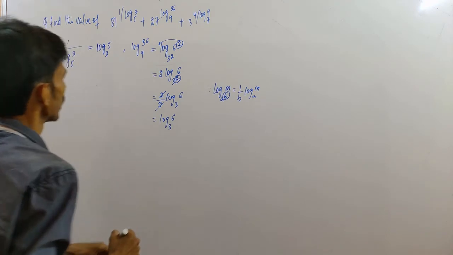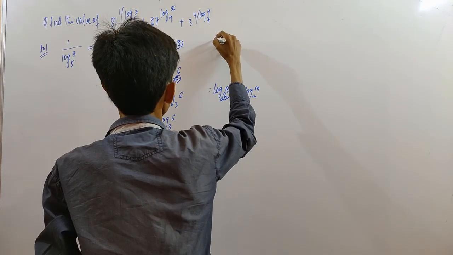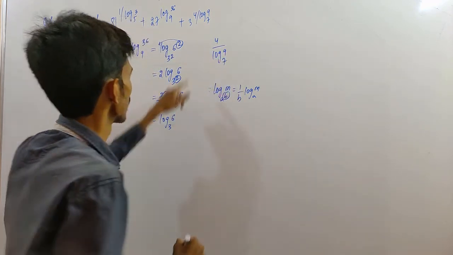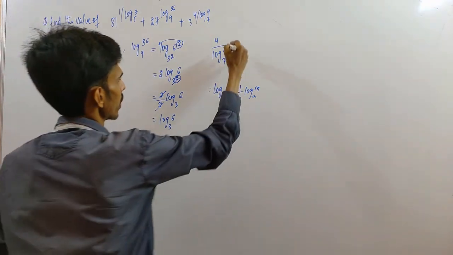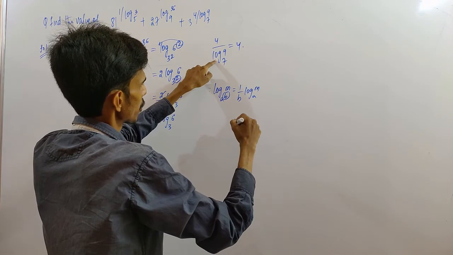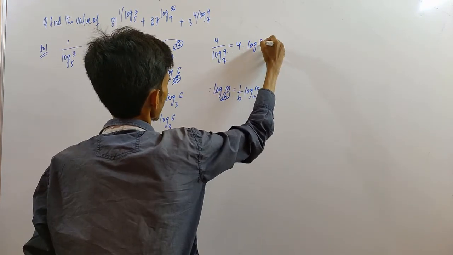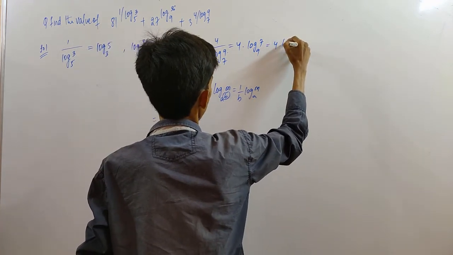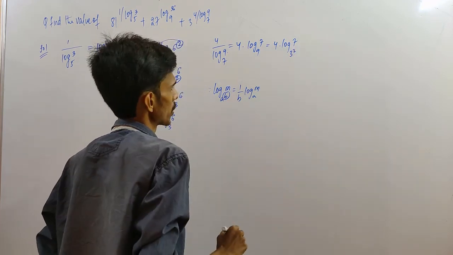Similarly, consider the power 4 by log_9 7. This can be written as 4 times log_7 9: send the log to the numerator and interchange the base and argument, so 7 comes here and 9 here. 9 means 3 square.